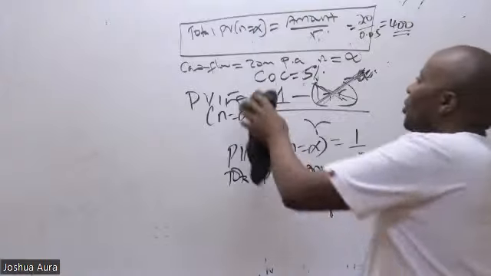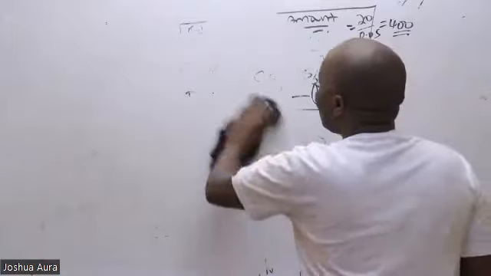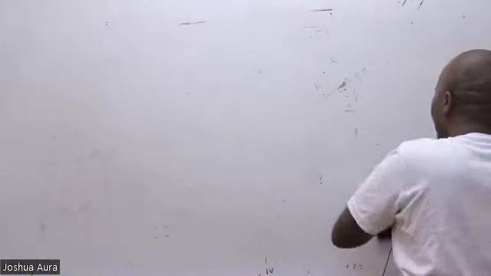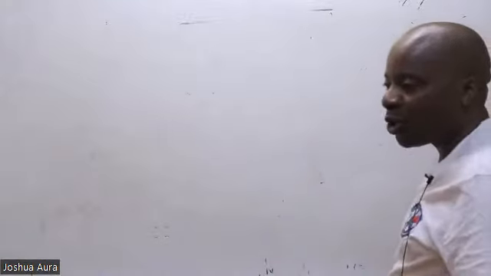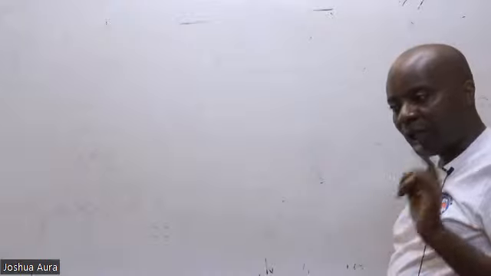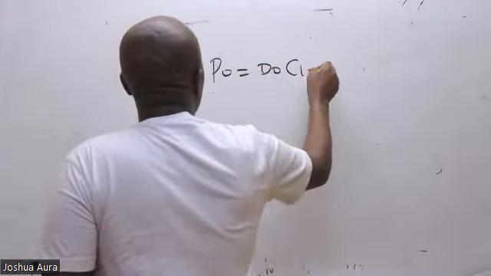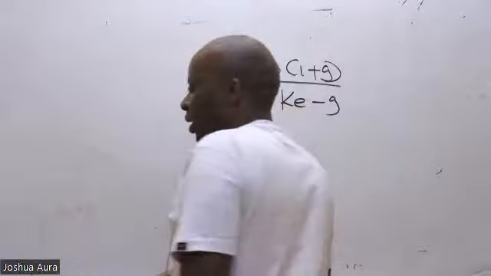Great. Now, ladies and gentlemen, please listen to me very well. This formula is so important to me because I'll use this particular formula also for valuation of securities. To get value of our securities, we normally say P0 equals D0 times (1 plus g) all over Ke minus g.